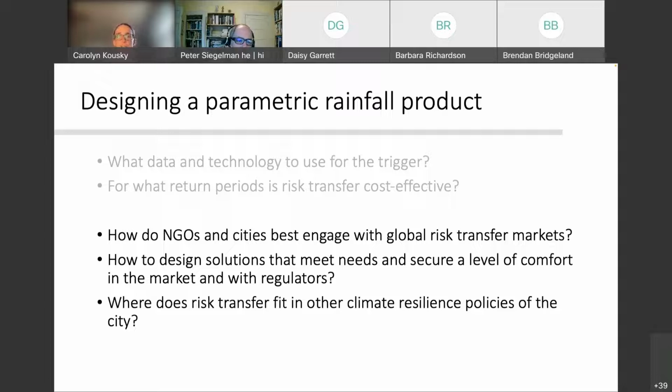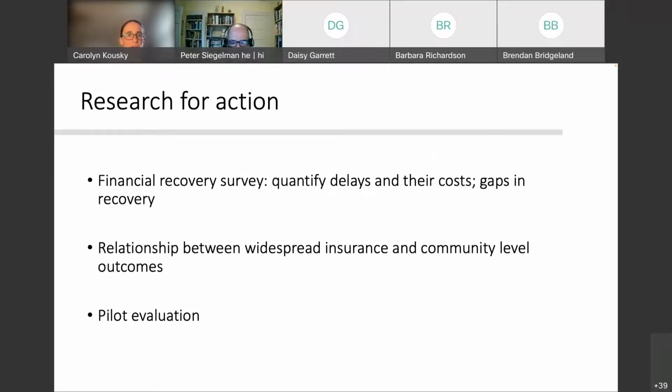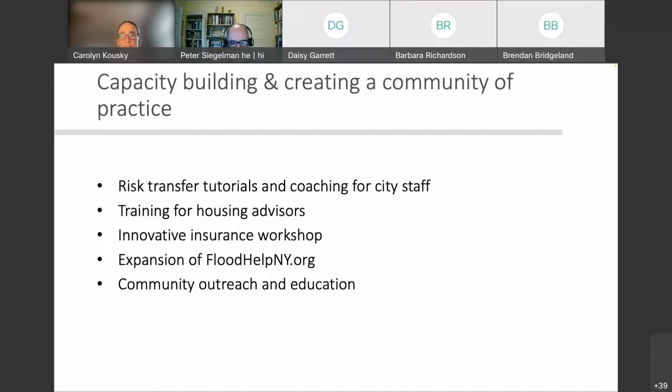They're trying to create a holistic approach to building climate resilience that involves gray infrastructure and green infrastructure, outreach and education, and also the risk transfer piece. And how do you make it all fit together into something that really is enhancing resilience for the city overall? I won't spend time on this so that we have more time for discussion, but we also have some research going on in capacity building.